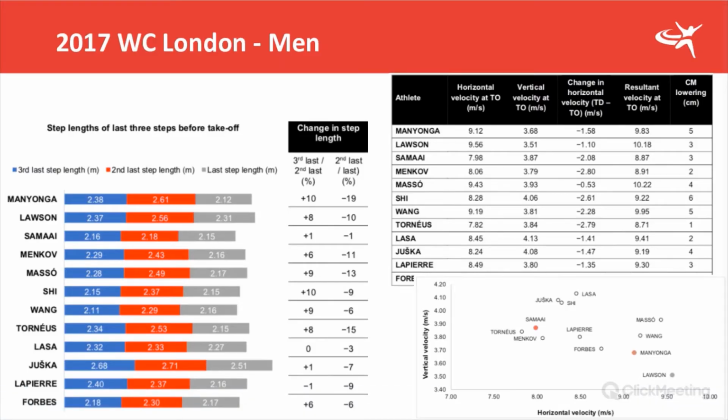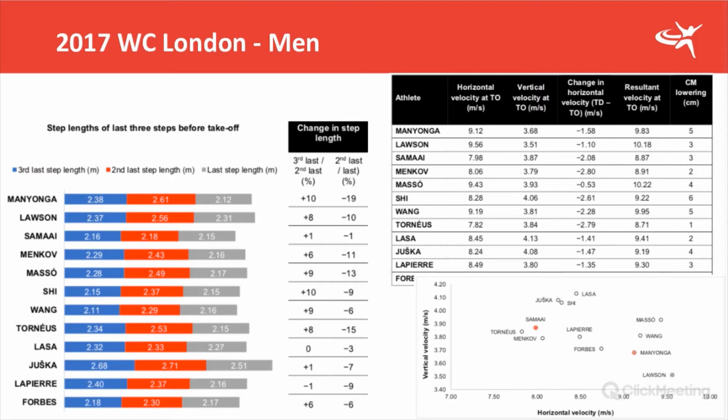Cool. All right. And then the men, again, very similar, although I think this time all of them have actually got short, long, short, where again Manyonga has a 19% ratio, 10% for Lawson.